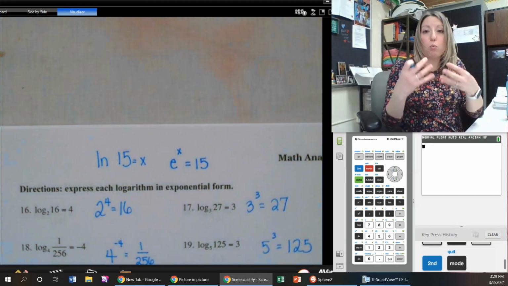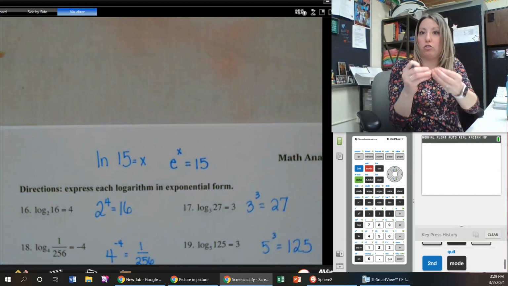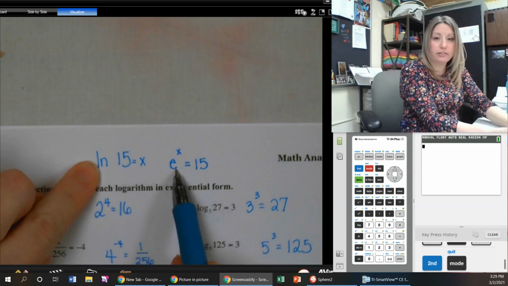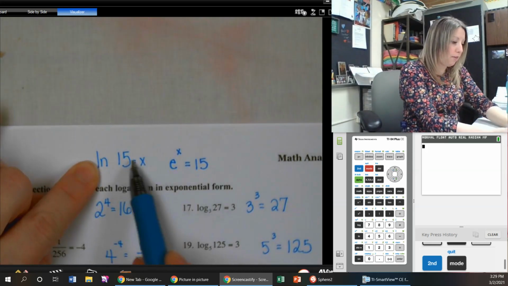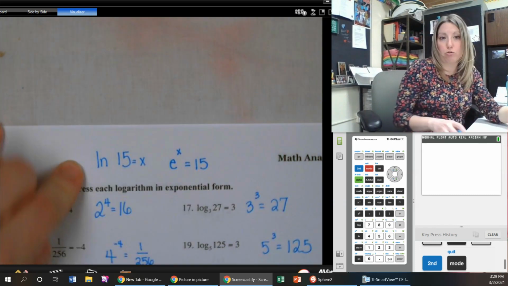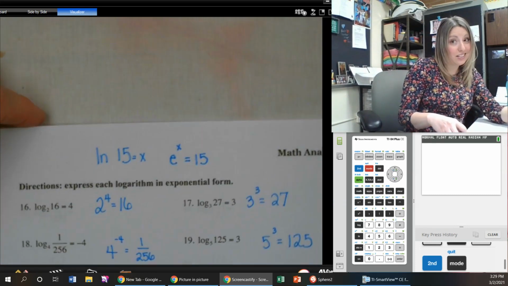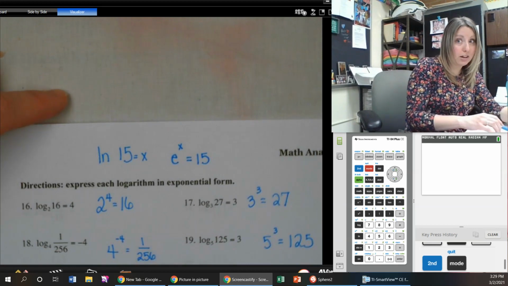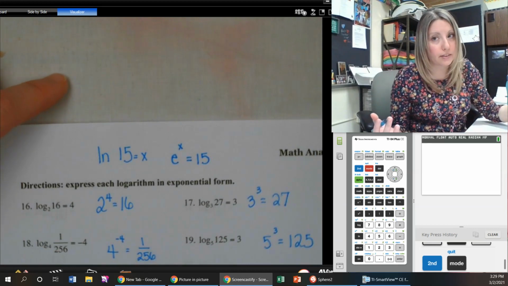That's what the base change is. For ln, the base is e. Whatever this answer is, that's the exponent. So that's how you would change a natural log back. Notice I didn't give you a natural log in those sections, so I'm probably not going to ask that on the test. Just throwing that out there.